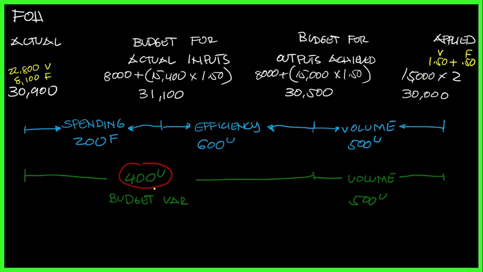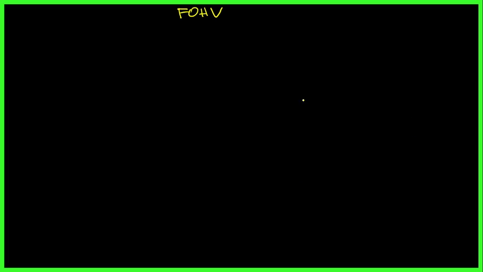The total of the two. 400 unfavorable plus 500 unfavorable, that will be 900 unfavorable, right? 30,900 minus 30,000. Okay, so ilagay natin dito. It's 900 na unfavorable.